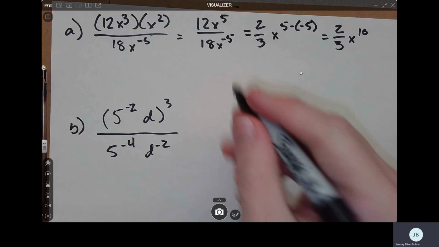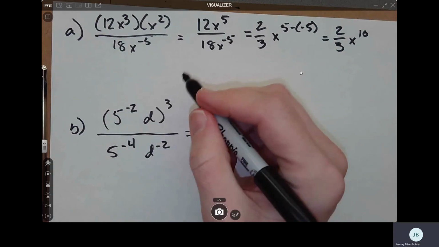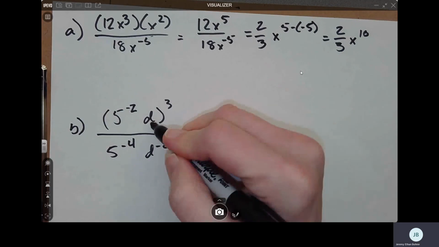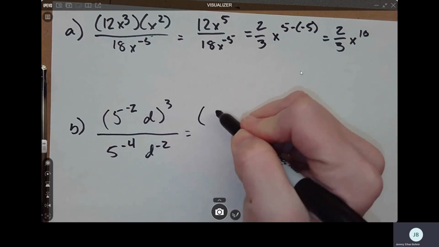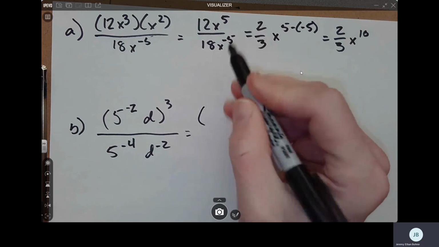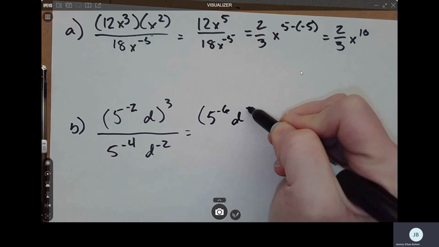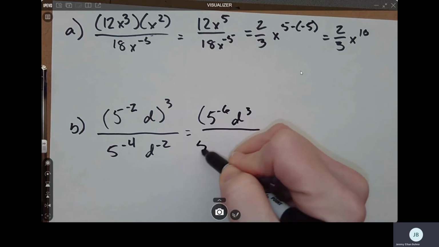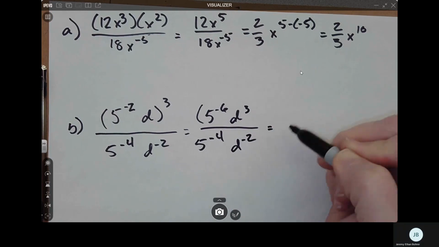Next, we've got 5 to the negative 2 times d quantity cubed. So that's 5 to the negative 2 times 3, or 5 to the negative 6, d cubed, over 5 to the negative 4, d to the negative 2.